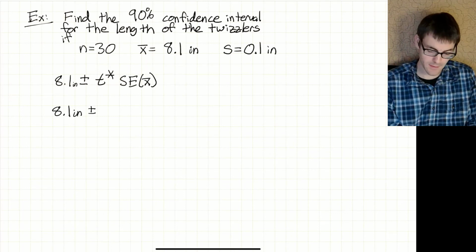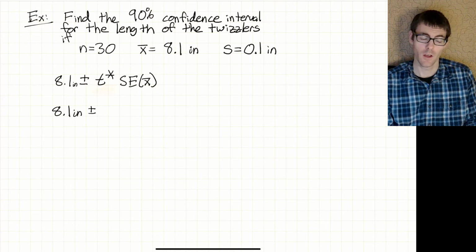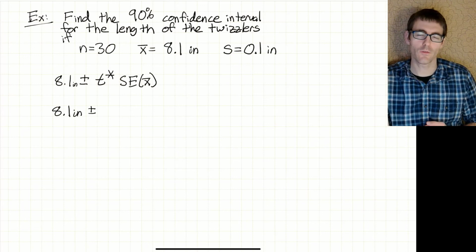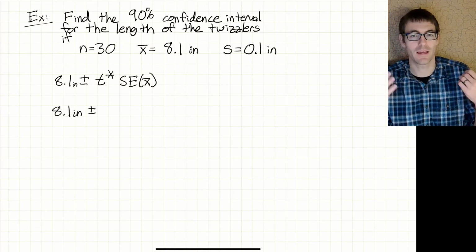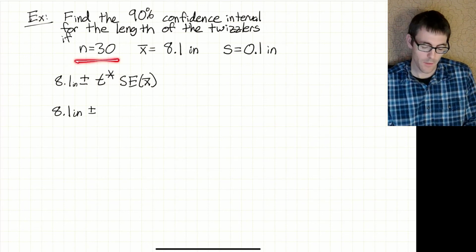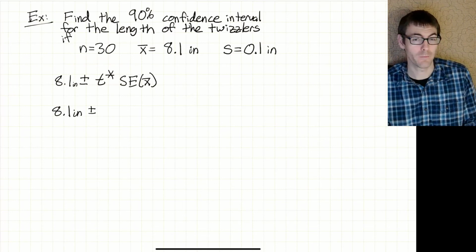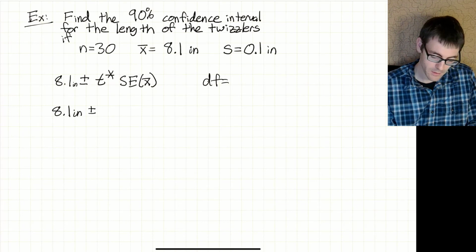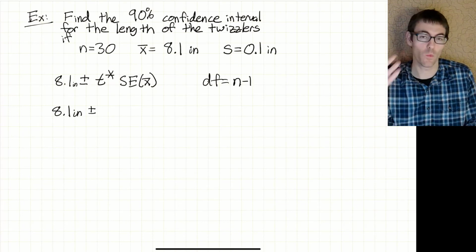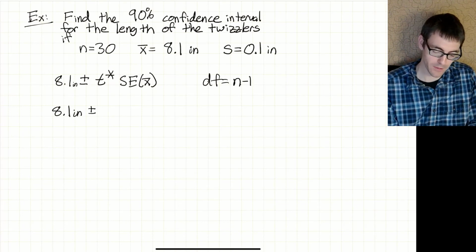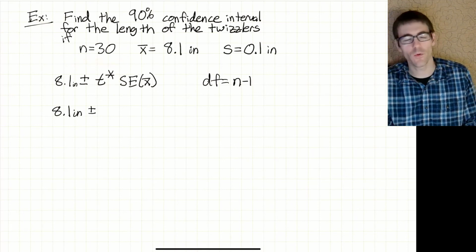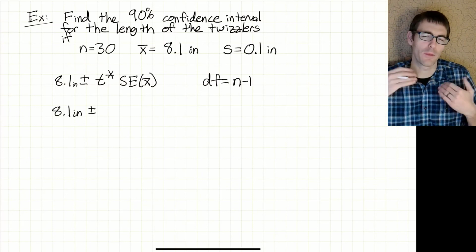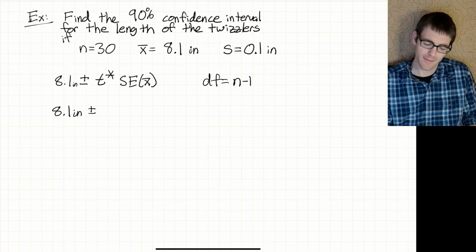All right, so what's this t star number? Well, we can look this up. The only confusing part is that rather than being indexed by the sample size, they're indexed by the degrees of freedom. So degrees of freedom is going to be n minus 1. It's always going to be one less than the sample size. And this is important when we're working with multiple variables, multi-factor stuff that we probably won't get to in this class.